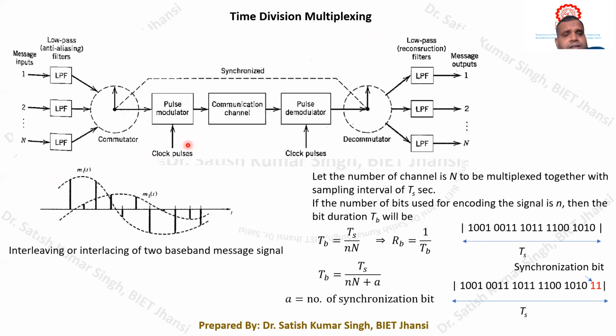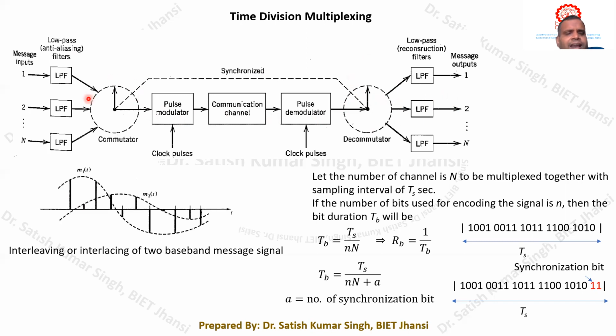But in between we have just a single transmission line. Because of this nature of transmission, all the messages have their individual time slots, and therefore they get their opportunity after every TS seconds. They send their signals every TS seconds, and the same signal is received at the other end.